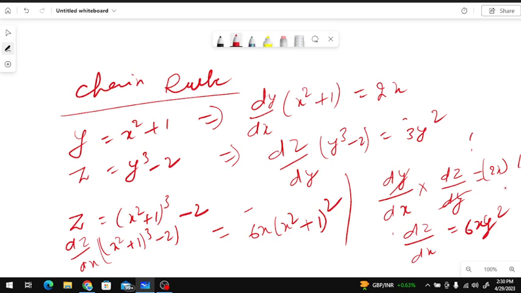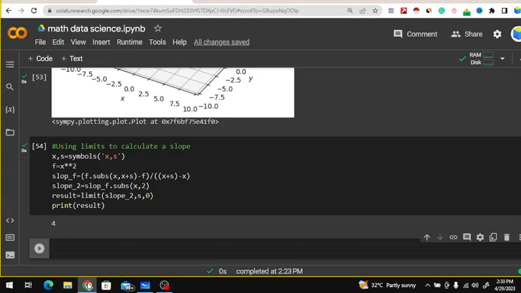But how do we solve this algorithmically, simply? Let's try it here. First we need to write the function like this. We have already imported from SymPy.